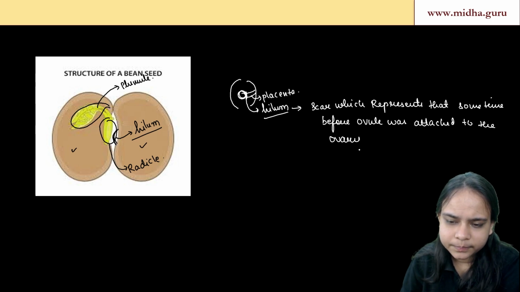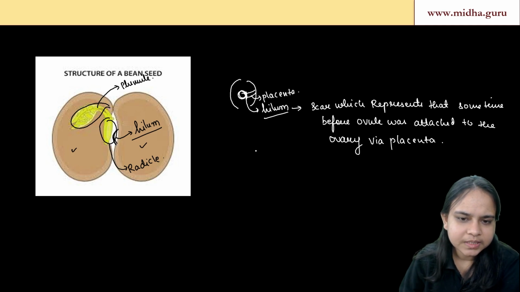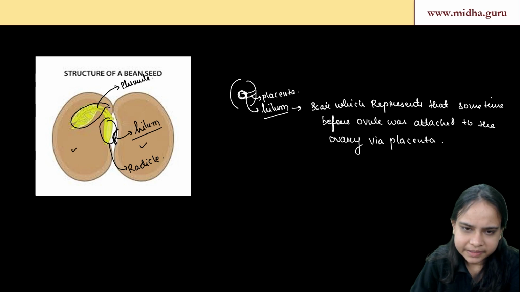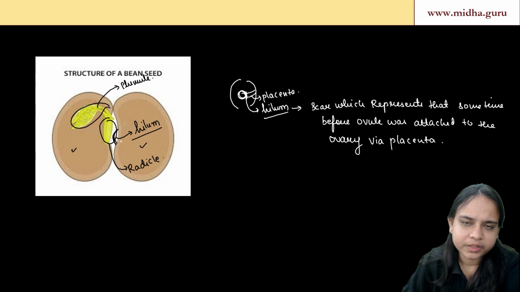It is attached with the ovary via placenta. So this is the hilum, the scar which is left on the ovule. It is called as hilum.